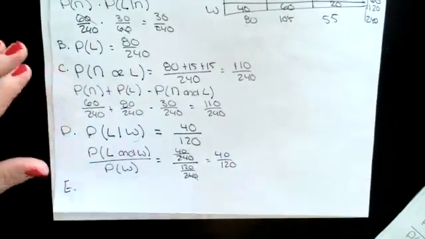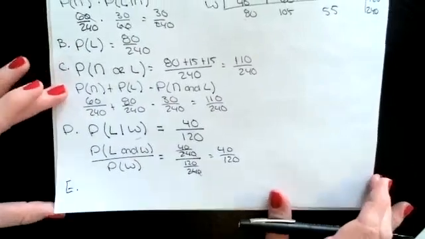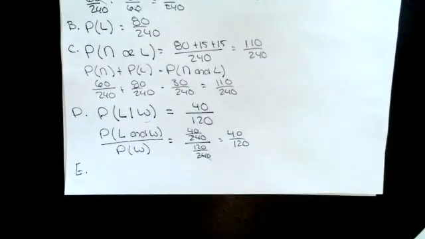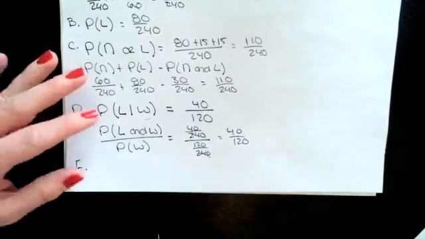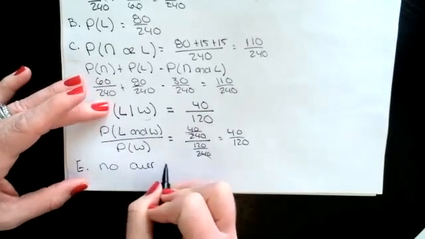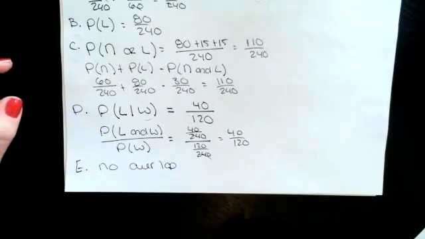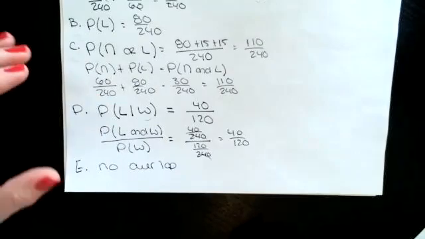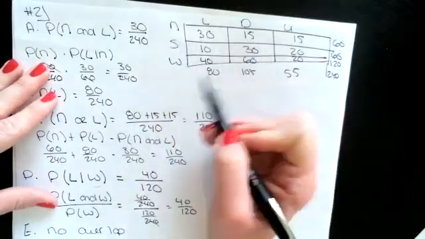Okay. Now part E, I'm glad this one's on here because this is like an exam question that a lot of us missed. I want to know which events are mutually exclusive or disjoint. That means no overlap. Okay, so I'm looking for no overlap. That means that either two events have a probability of 0, or it means you're looking at two columns or any two rows, right?